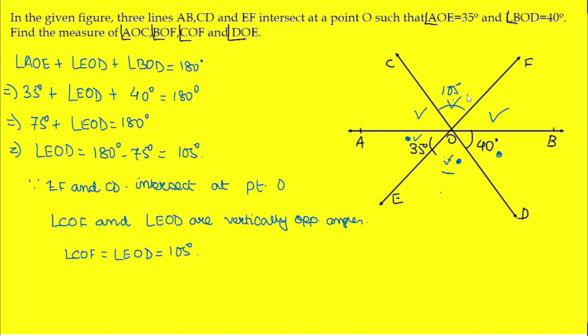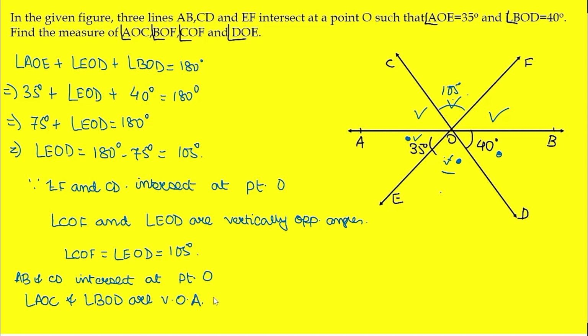Another thing to note is that AB and CD intersect at point O. So we can say that angle AOC and angle BOD are vertically opposite angles.